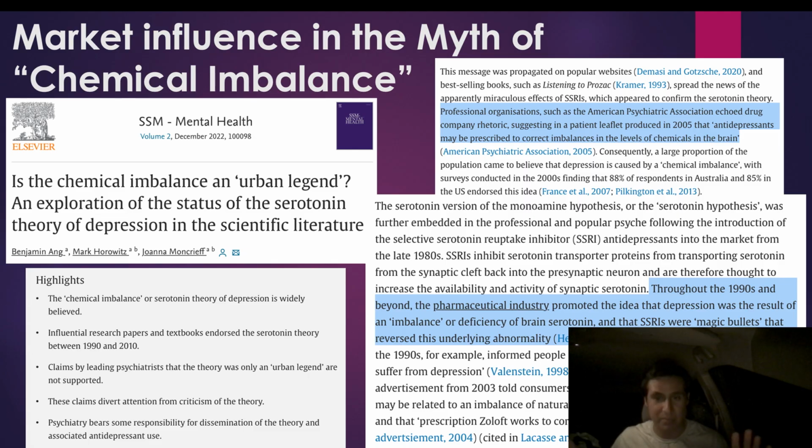Biology plays a role. I'm not saying that it does not play a role. But to suggest that it is primarily a matter of biological disorder or deficiency or defectiveness, brain disease is not reflected in the literature, at least with respect to depression.